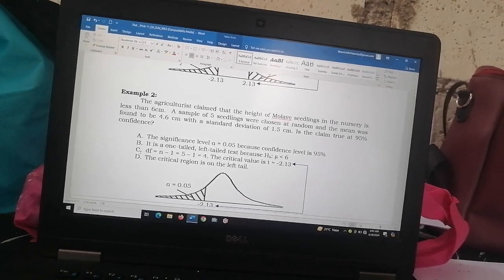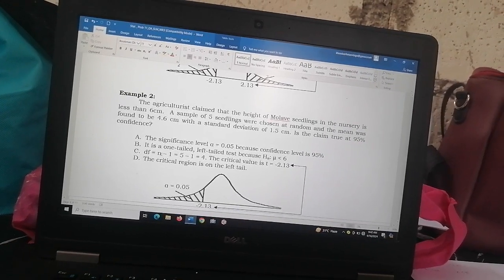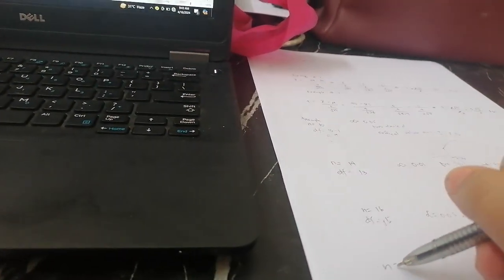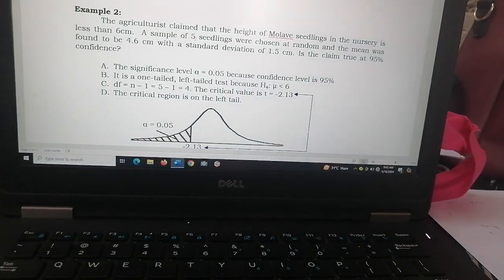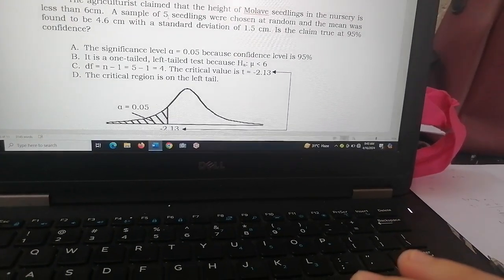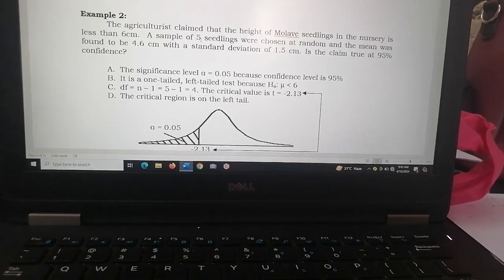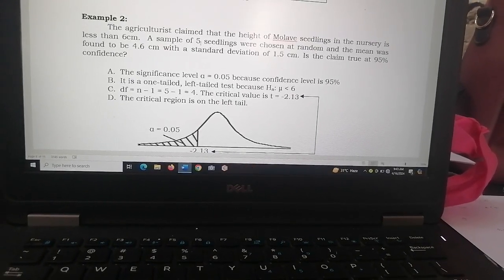And then for letter C, what are our degrees of freedom and our critical values? The sample is 5, meaning our n here is 5. And our DF, because it is n minus 1, is 5 minus 1, which is equal to 4. And the critical value is T equal to negative 2.13.